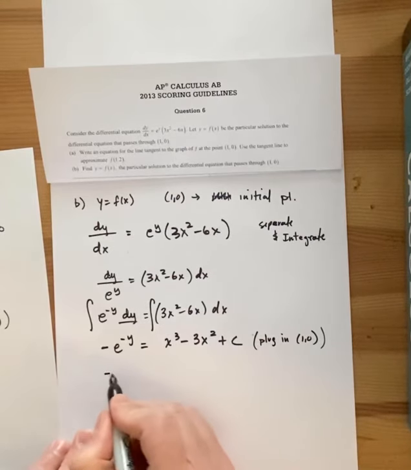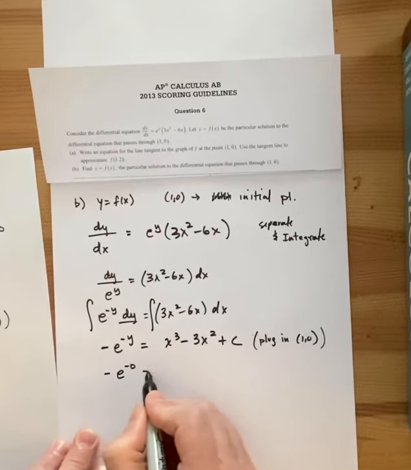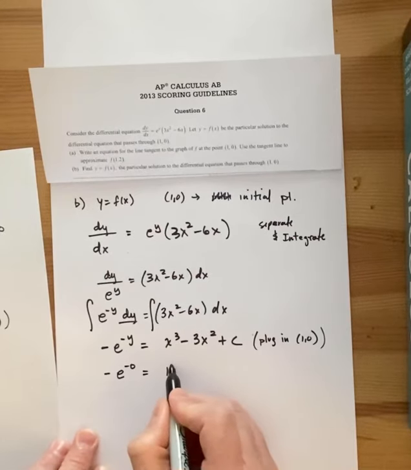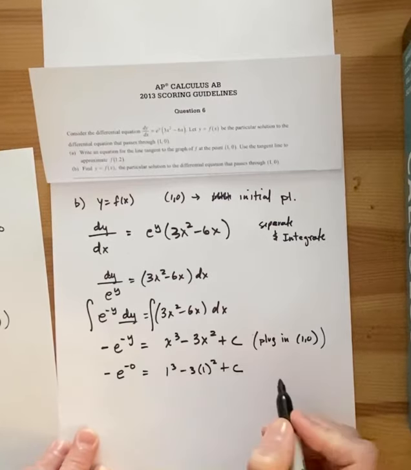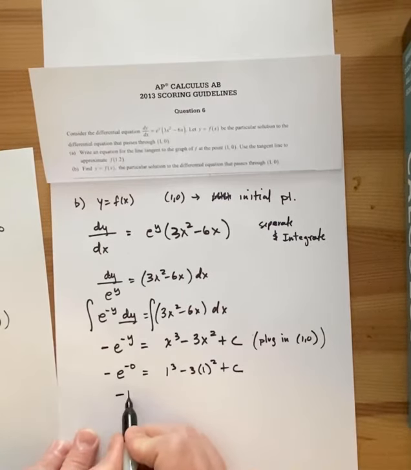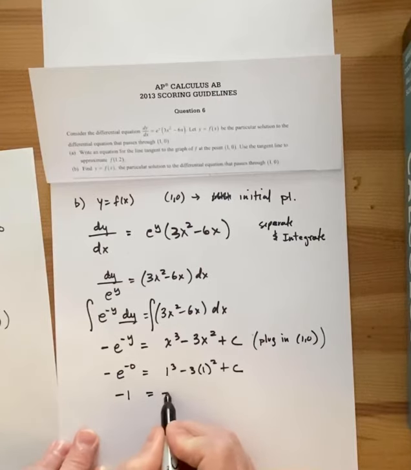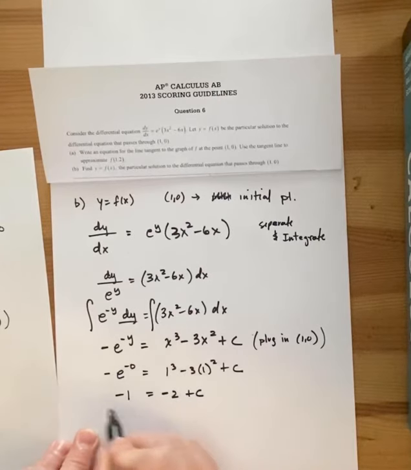And here we got negative e to the negative 0 equals 1 cubed minus 3 times 1 squared plus c, right? So this is just -1. 1 minus 3, that's -2, plus c. So c is going to be 1.